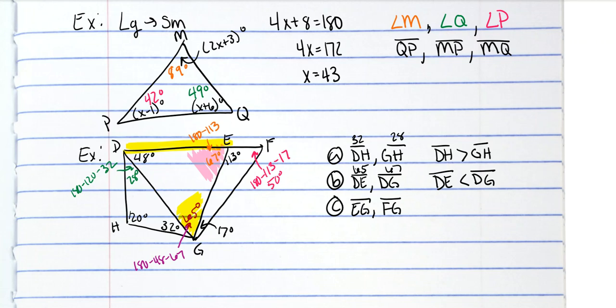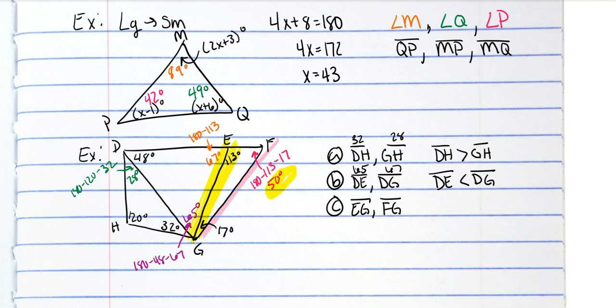All right, then the next one. EG is this side, which I'm assuming we're going to use this new one, which would go with the 50. Otherwise, it would go with the 48. It just depends which triangle it's talking about. Yeah, it is this one.